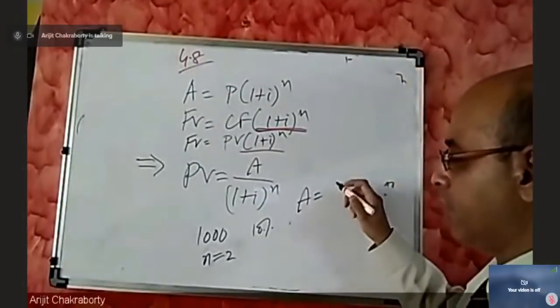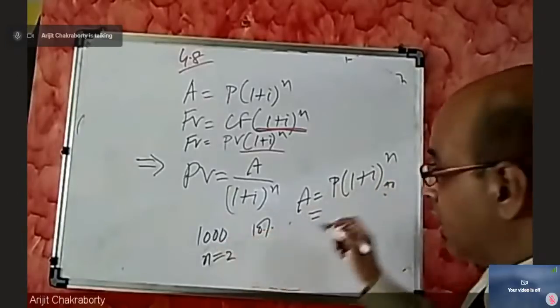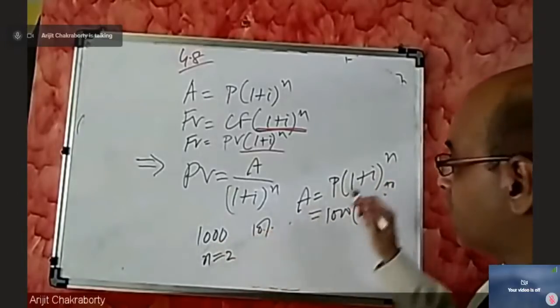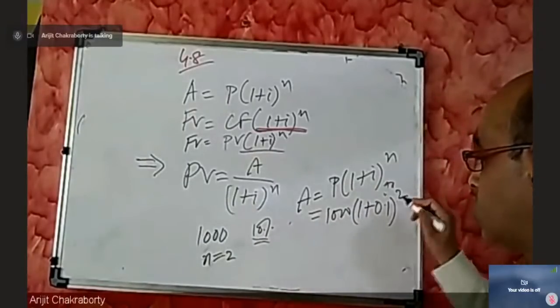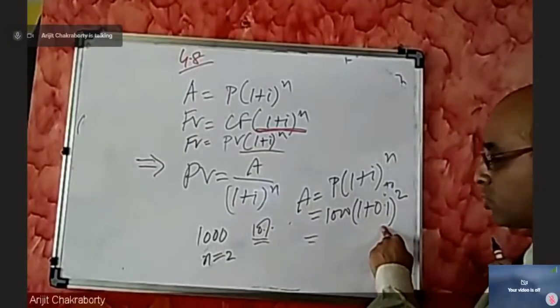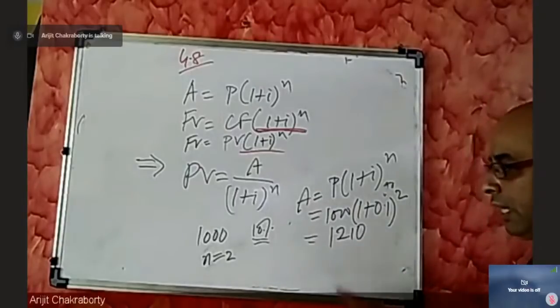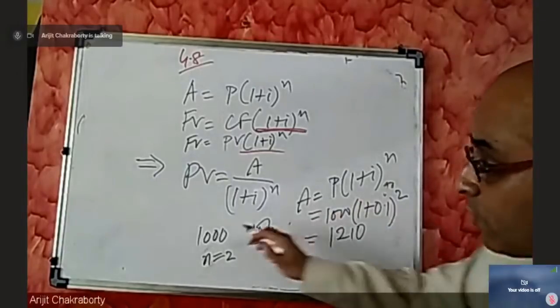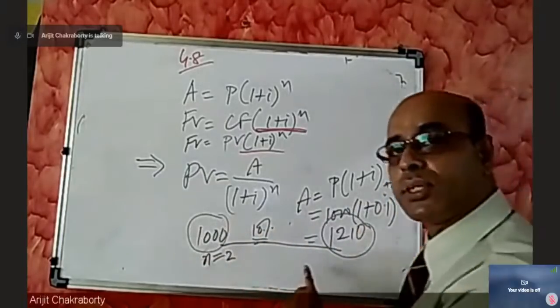The amount will be P into (1 plus I) to the power n, so 1,000 into (1 plus 0.1) squared. 1.1 squared is 1.21, into 1000, that is 1210. So 1000 rupees today becomes 1210 rupees after 2 years.